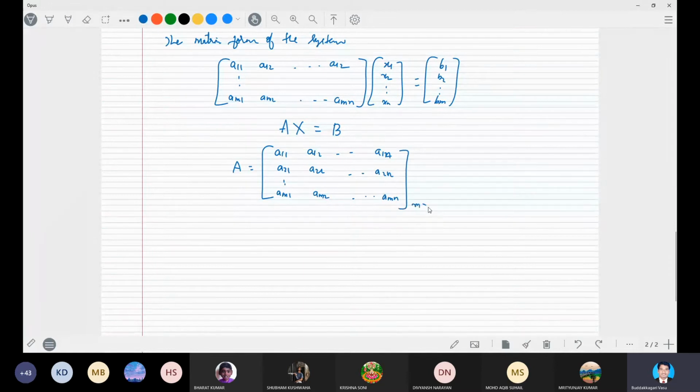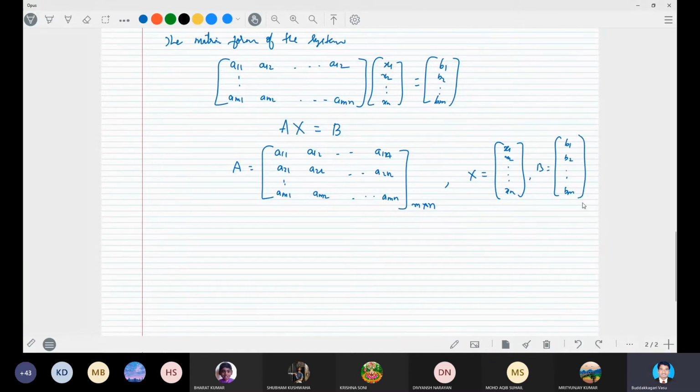This is a matrix of order m by n, and X is the variable matrix, that is a vector x1, x2, so on, xn, and the known matrix, that is the right-hand side matrix, B is equal to b1, b2, so on, bm.